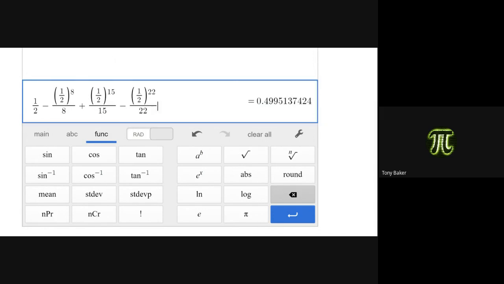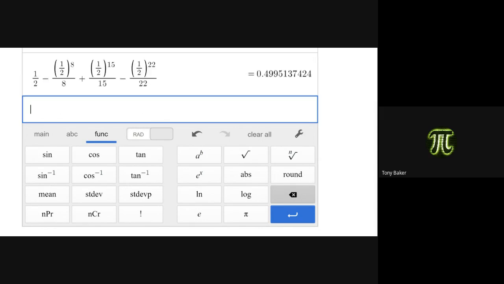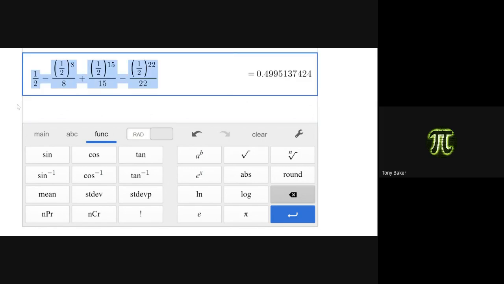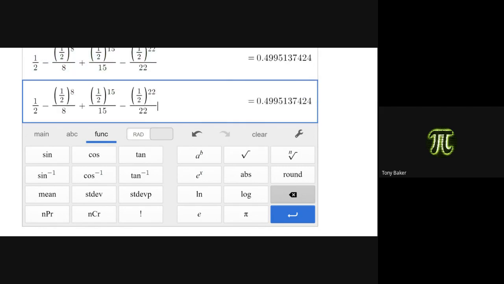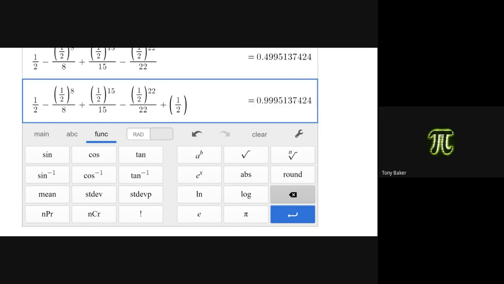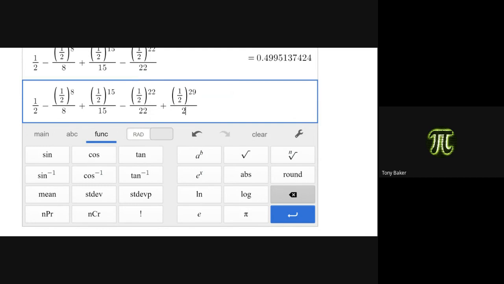And if I was to add in the other one, hold on, leave that there, plus 1/2 to the 29th divided by 29. It does not change my 7th place. It doesn't even change my 8th or my 9th place. So you're asking how many places do we have to go?